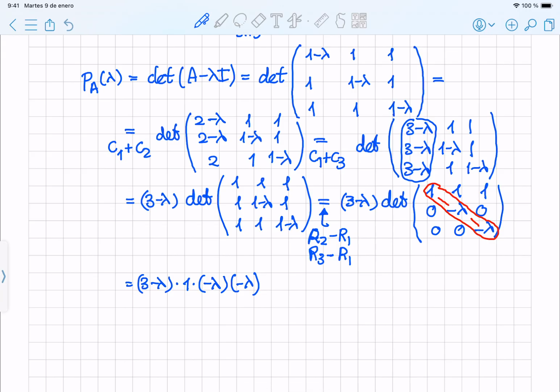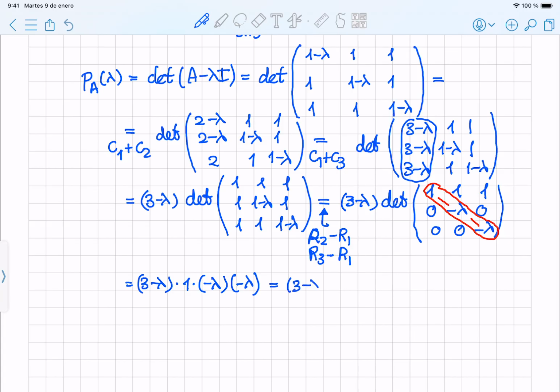At this point of the computation of the polynomial, it's a mistake to try expanding the polynomial, because in fact what we are looking for are the roots of the polynomial. Since we want the roots, and the roots come from the factors, we don't need to do a lot more work.